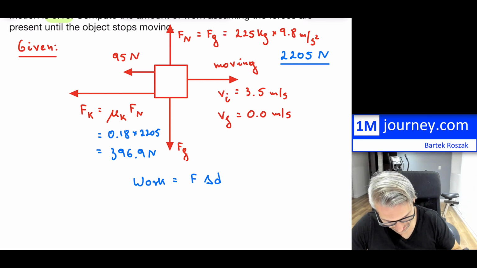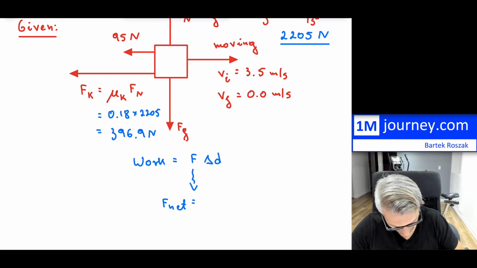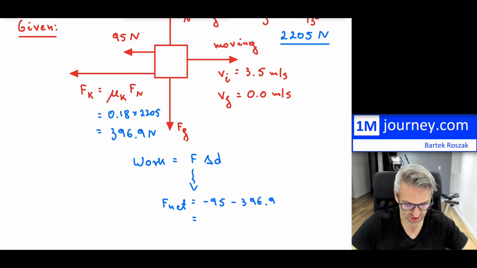So in fact, my net force, if to the right is positive, is equal to negative 95 minus 396.9. So this is going to be a negative number, because it's in the opposite direction.